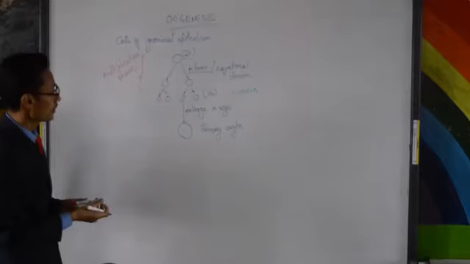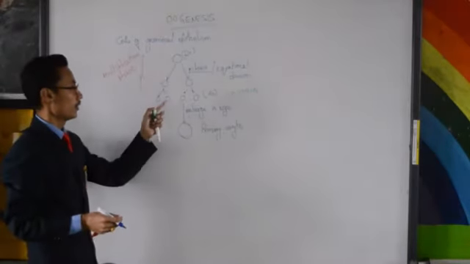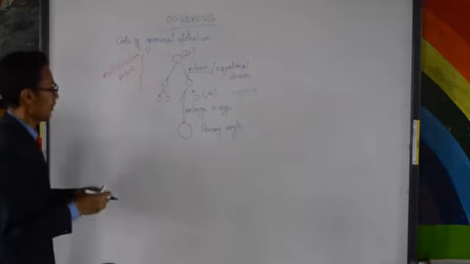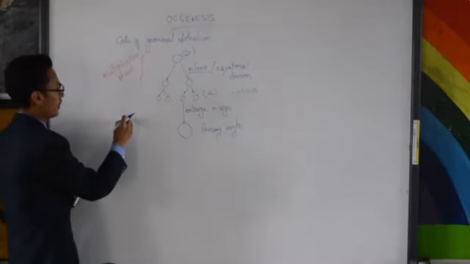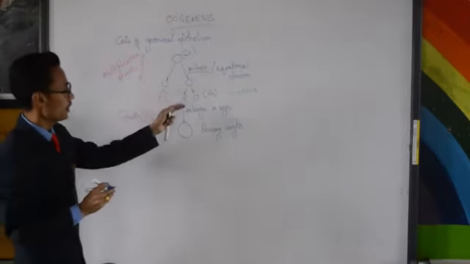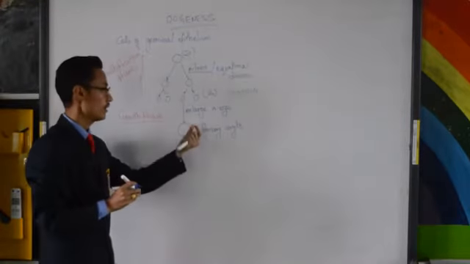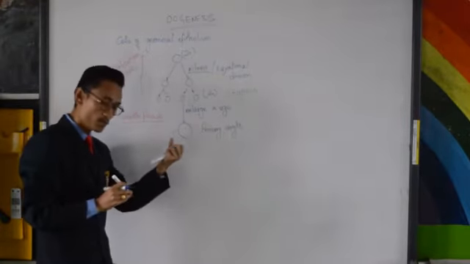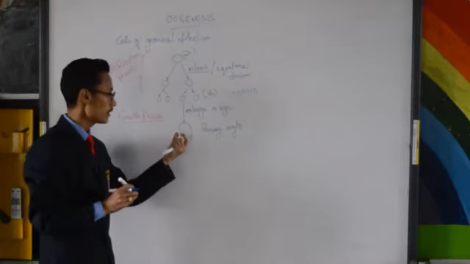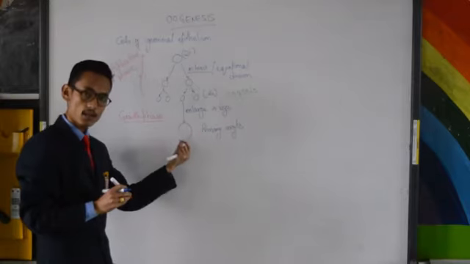So this particular oogonia now will enlarge in size, and now we will know it as primary oocyte. So now this particular phase, we can call it the growth phase of oogenesis, where the oogonia will simply enlarge in size. Now how does it enlarge? By absorbing the nourishment or the nutrients. And from where does it get the nutrients? Mainly from the cytoplasmic part.